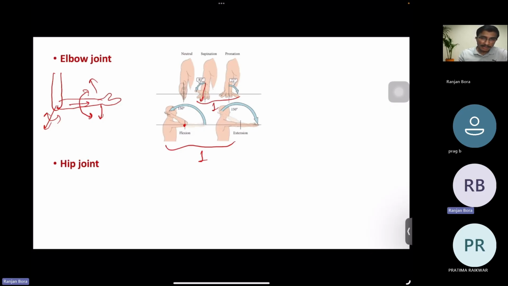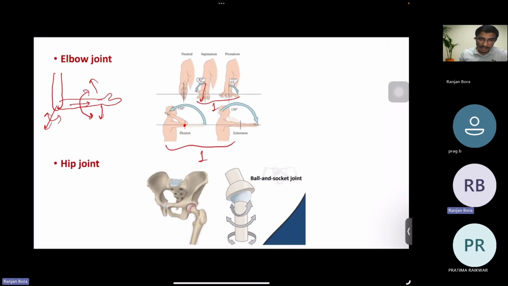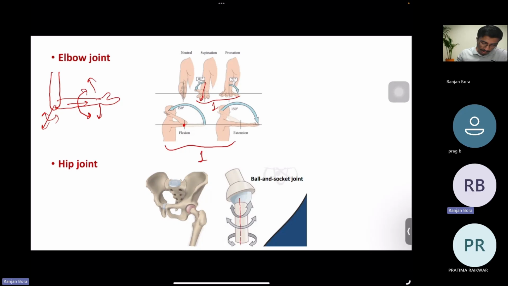Yeah, 3 is correct. So the hip joint is a type of ball and socket joint. You can see here, we can rotate about this axis that gives us the flexion extension.